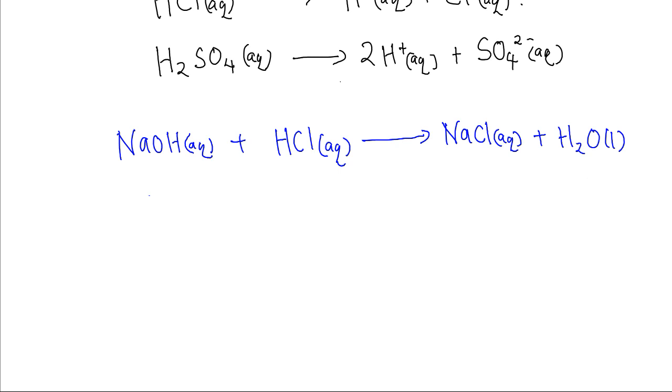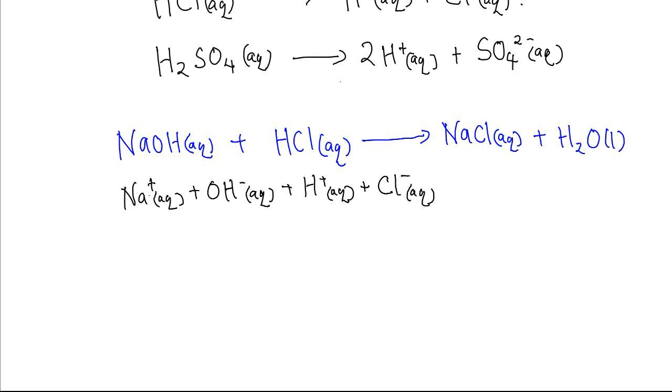Let's try to write the ionic equation, that is sodium ion plus hydroxyl ion, plus the acid will give hydrogen ion and chloride ion, forming, again, in the product we have sodium ion plus chloride ion.